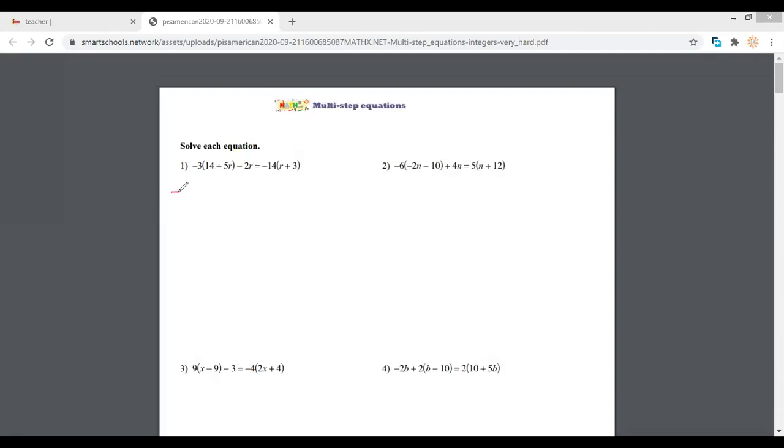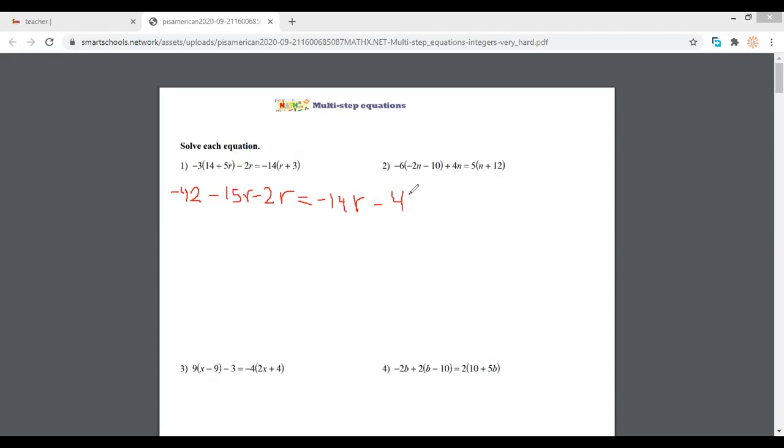Then negative 3 times 5R, it will be negative 15R. Minus 2R, equals negative 14R minus 42.